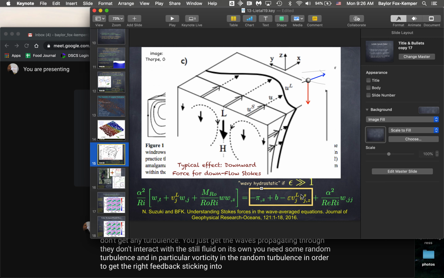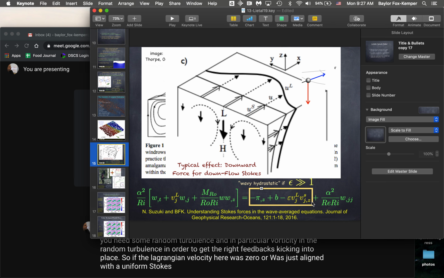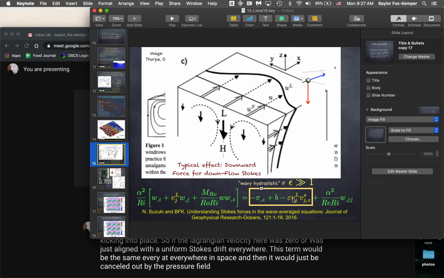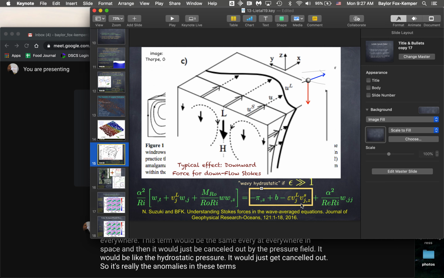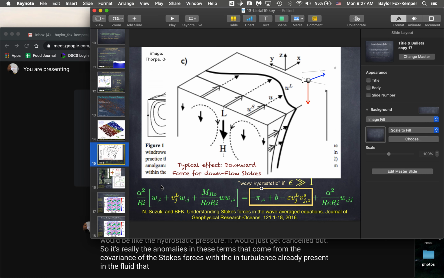So if the Lagrangian velocity here was 0, or was just aligned with a uniform Stokes drift everywhere, this term would be the same everywhere in space, and then it would just be canceled out by the pressure field. It would be like the hydrostatic pressure. It would just get canceled out. So it's really the anomalies in these terms that come from the covariance of the Stokes forces with the turbulence already present in the fluid that lead to these phenomena.